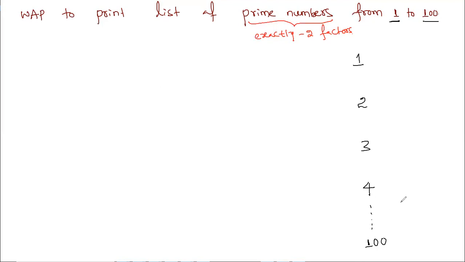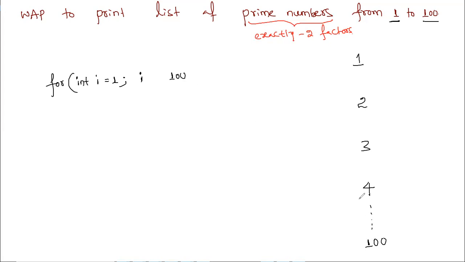Now to convert the same steps into the corresponding code, to have numbers from 1 to 100, can we generate a loop for this? Yes, we can easily generate a loop. I'm using a for loop, and int is the type because these are numbers. I'm using a variable called i, starting from 1, and the loop continues till 100.